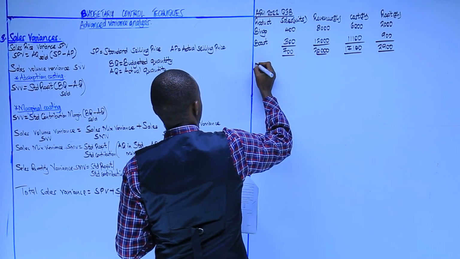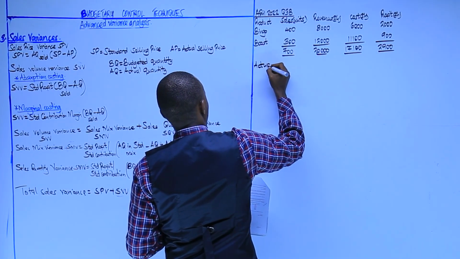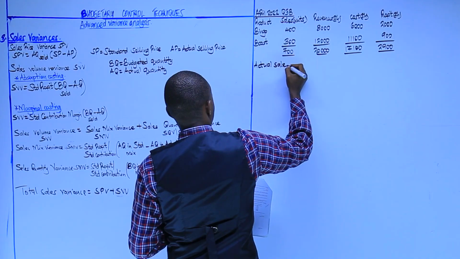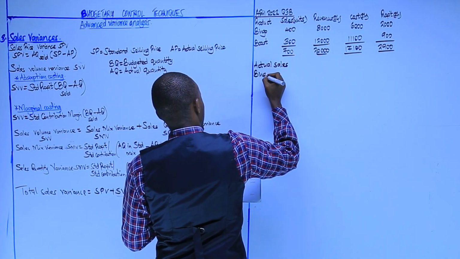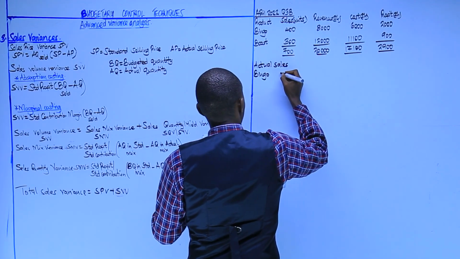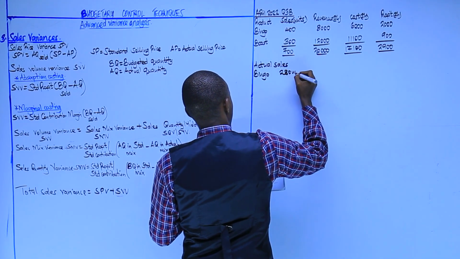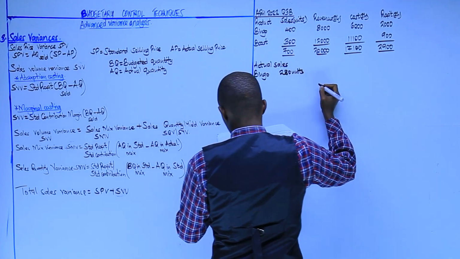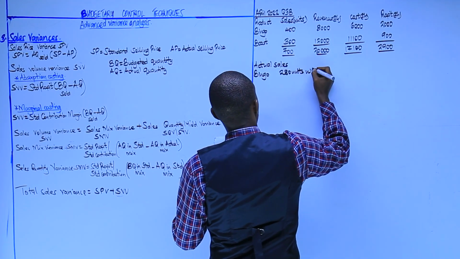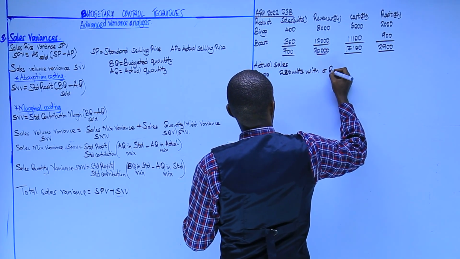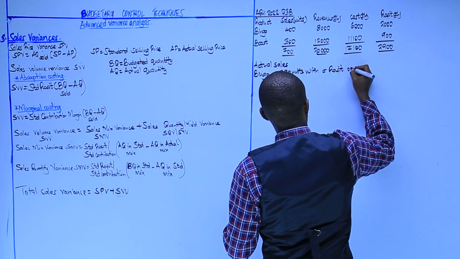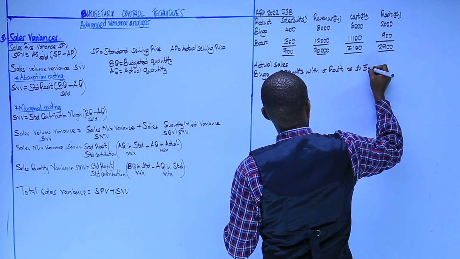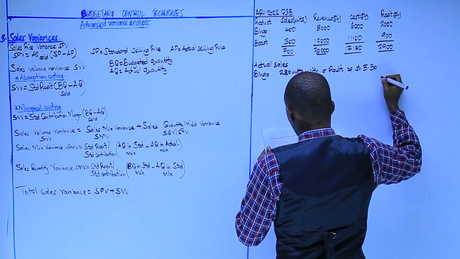Then your actual sales. Bingo was 280 units with a profit of 5.3 per unit.